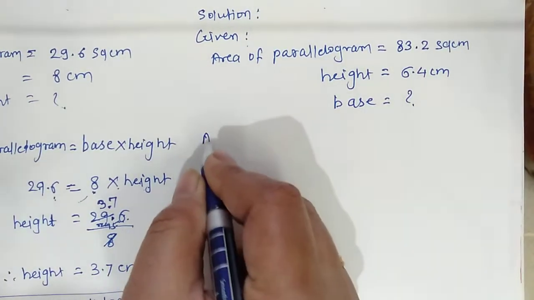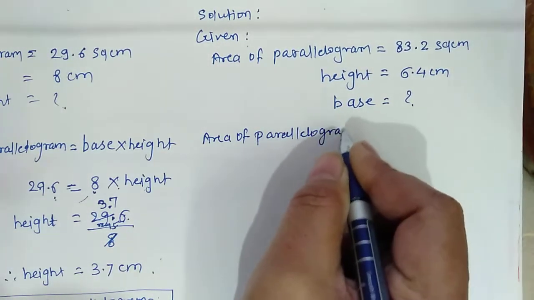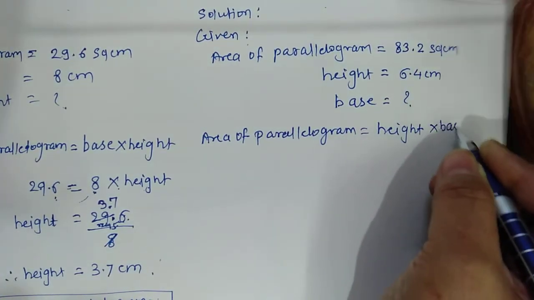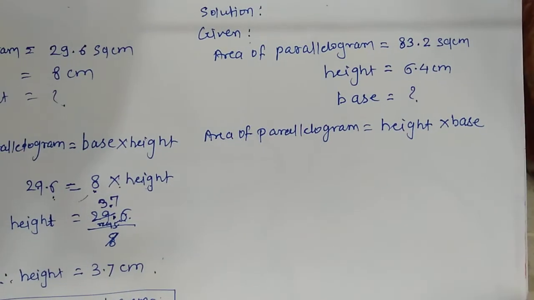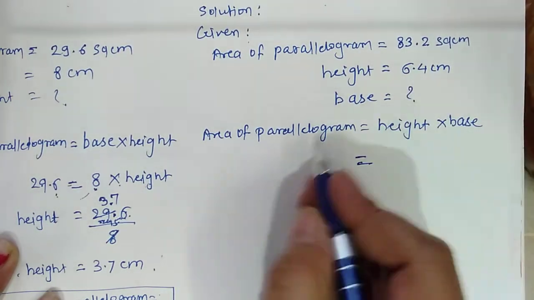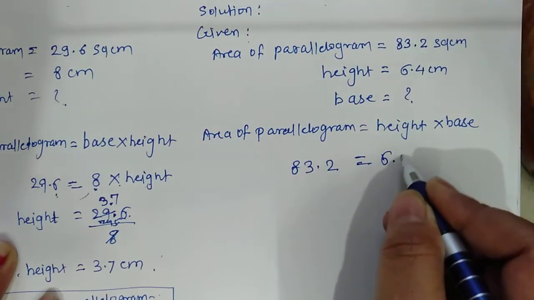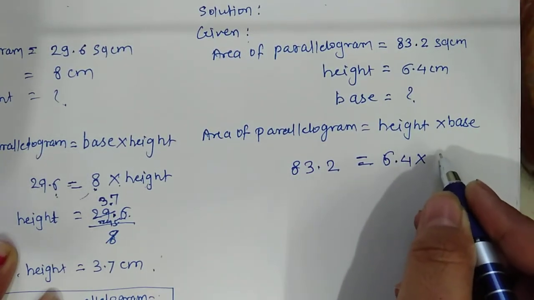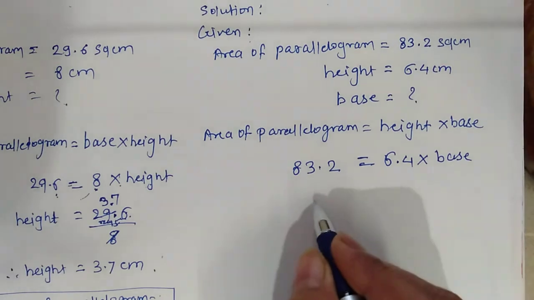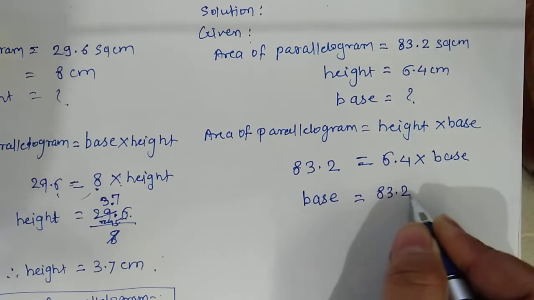So write down the formula. So area of parallelogram is equal to height into base. So put up the values. Area of parallelogram is 83.2, height is equal to 6.4 multiply by base as it is. So here we calculate the base. So base is on the left side and 83.2 as it is.